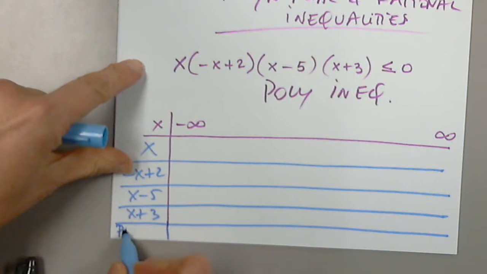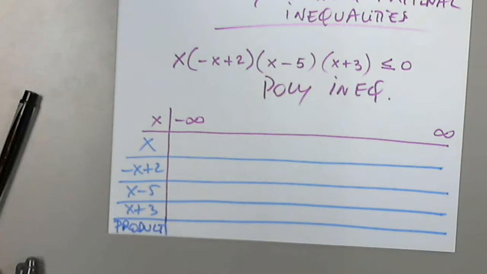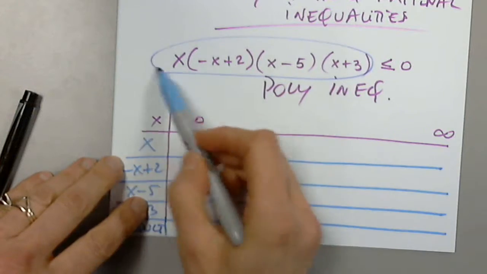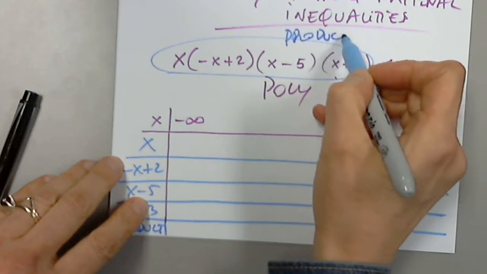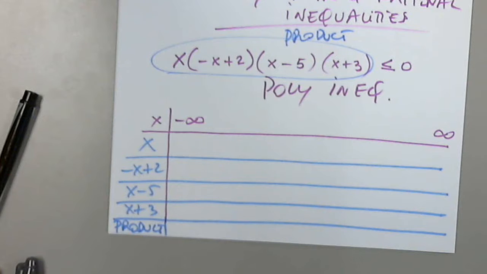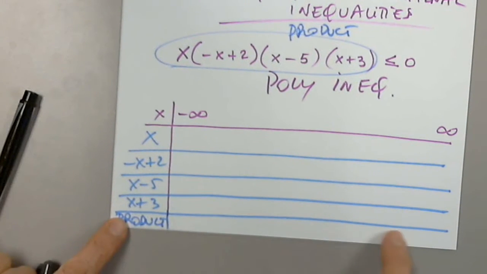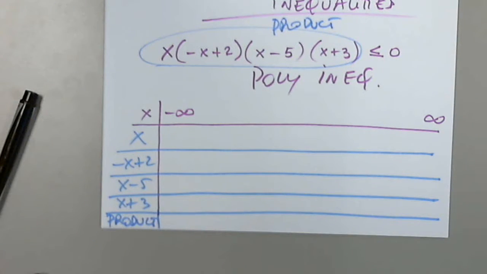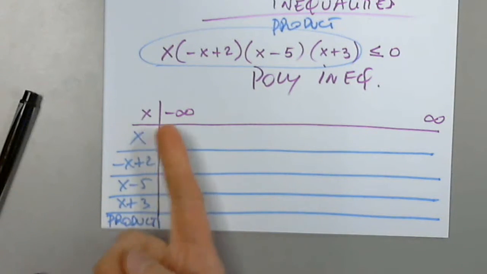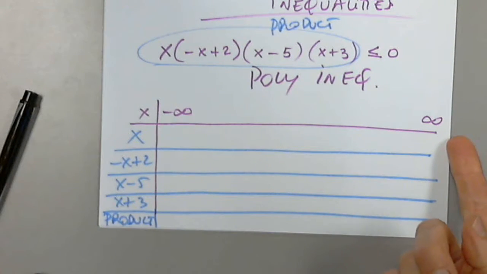I'm interested in the product, and of course, because I ran out of room, I don't have room to write the whole thing, so I'm going to say just the product. The product being this. This is my product. I'm not interested per se in any of the little pieces. I'm interested in the whole thing. So this will give me the result that I need, but I'm not there yet. So I put each factor in its own row, and at the very top I have to have the variable because I'm going to put some numbers in there.